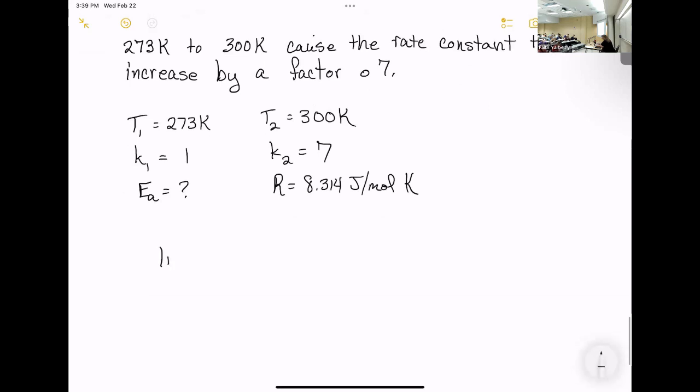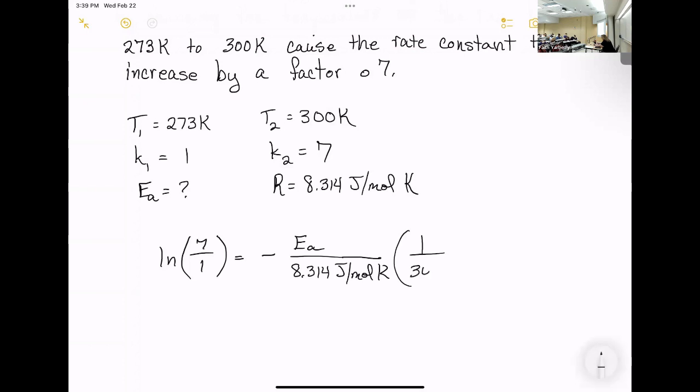So our natural log of K2 over K1 is going to equal a negative E sub A over 8.314 joules per mole Kelvin, times 1 over T2, 300 Kelvin, minus 1 over T1 of 273 Kelvin.